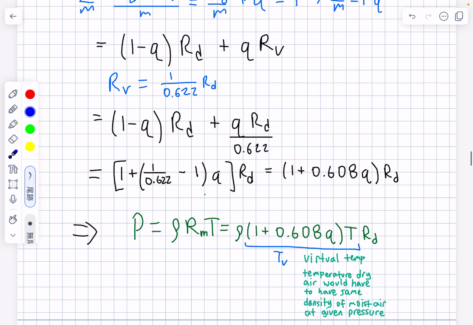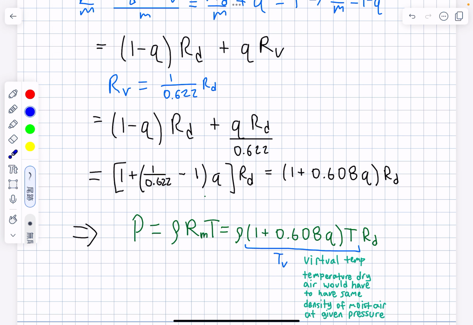And we can call this term here the virtual temperature, which in other words is the temperature dry air would have to have to have the same density as moist air at a given pressure. So you keep the pressure the same. You want to know how much temperature dry air would have if it had the same density as the moist air being there. So you can see from this definition that this equation is an approximation.